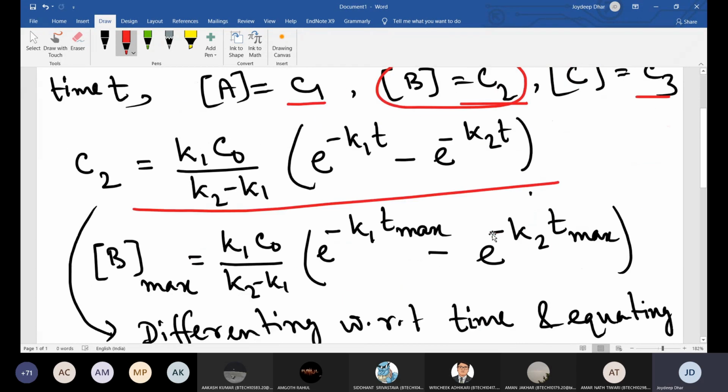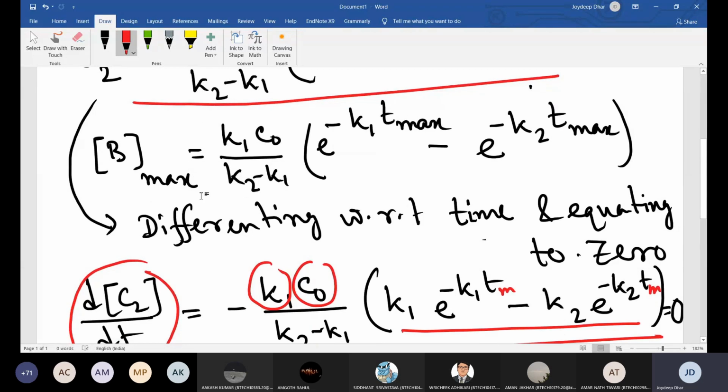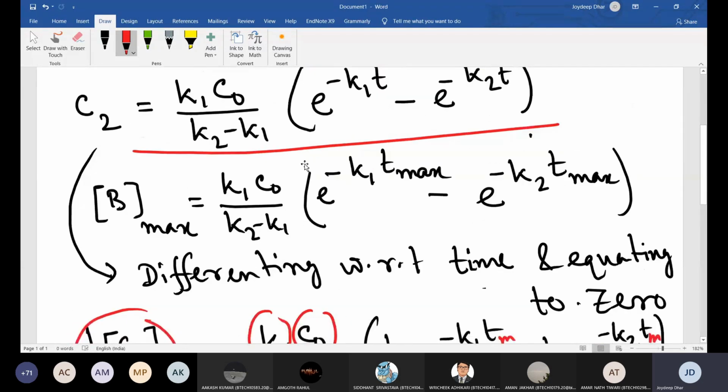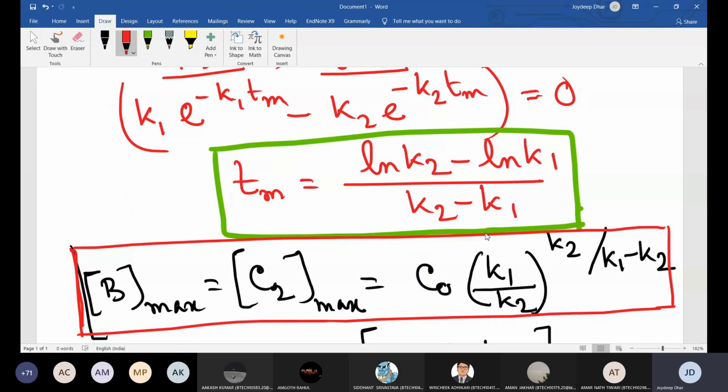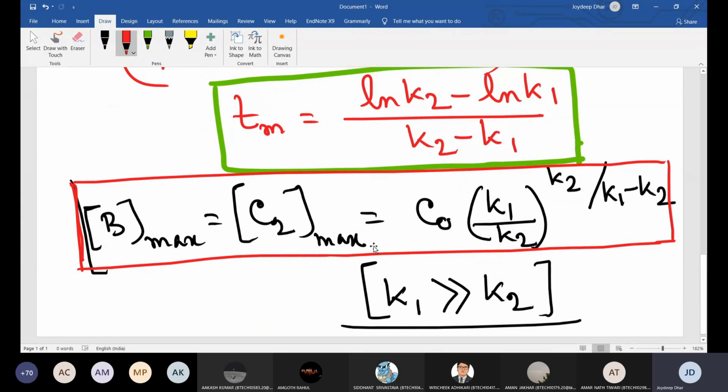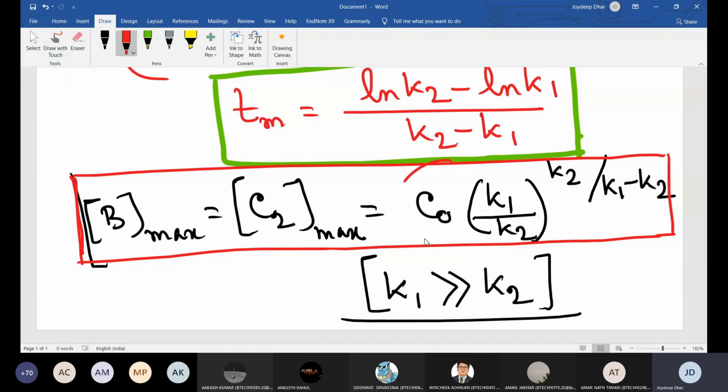And finally you can see what will be the time when you get the maximum amount of B. That T max is given by ln K2 minus ln K1 over K2 minus K1, and B max will be this final form.